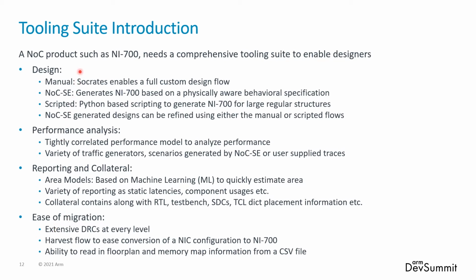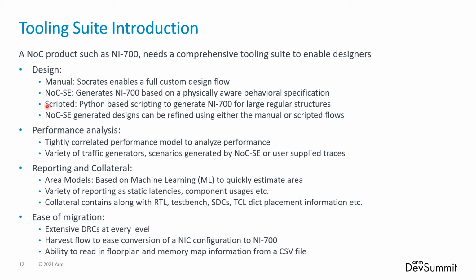For the NI700, the designers can either choose to do a full custom manual design enabled through the Socrates environment, or they can use a behavioral synthesis tool, NoC-SE, which takes as input a physically aware behavioral specification and generates the NI700.